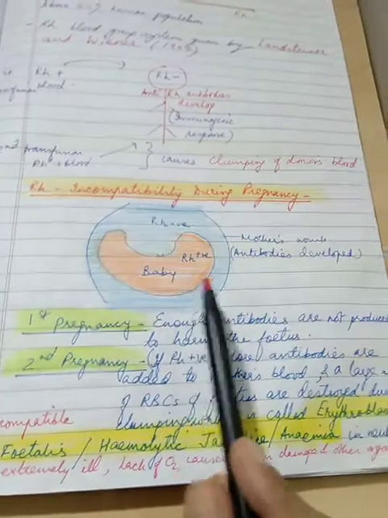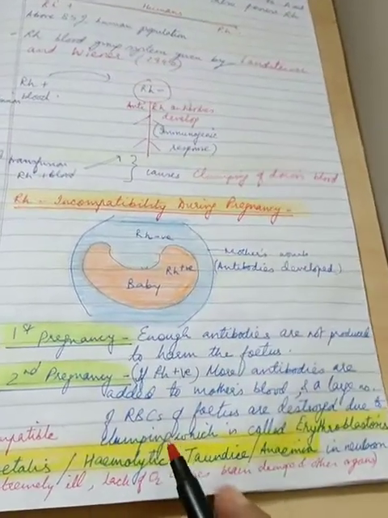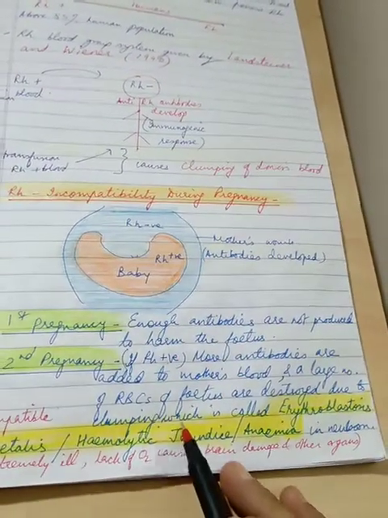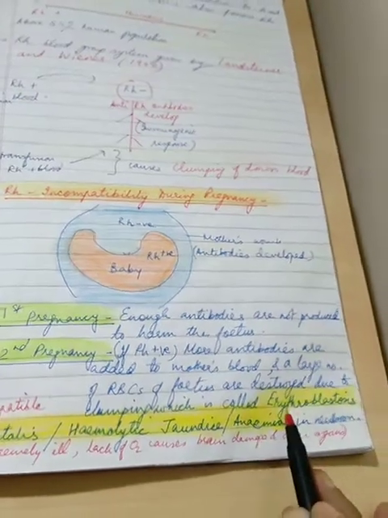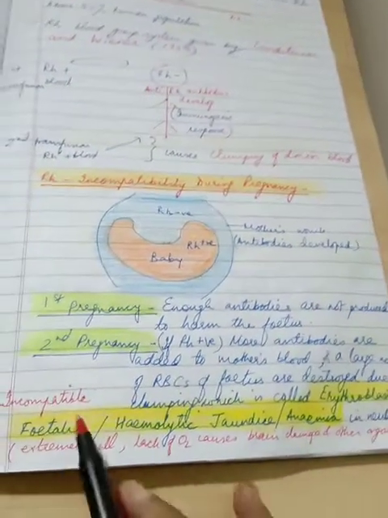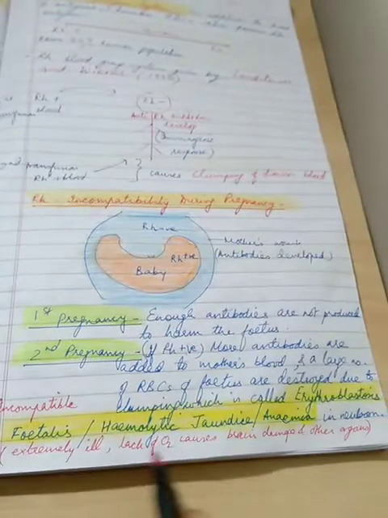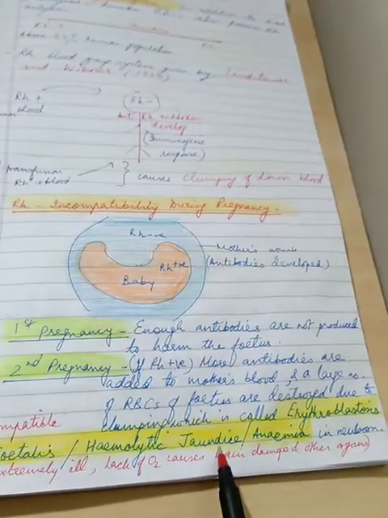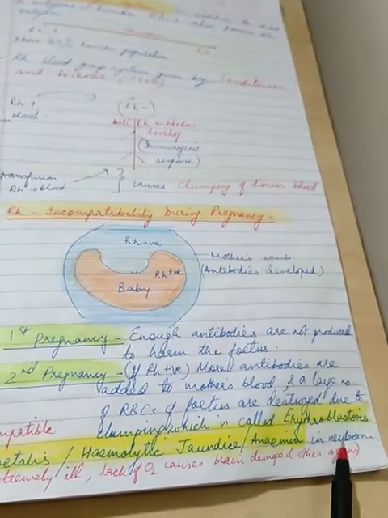Why are they destroyed? Due to the antibodies formed, and this is due to clumping, which is called erythroblastosis fetalis or hemolytic jaundice or anemia in the newborn child.